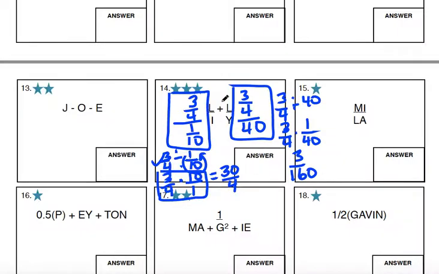So there again, I have an addition problem of fractions where I'm going to need a common denominator. So your job from here is to find the common denominator for 4 and 160, and then add those two fractions together.